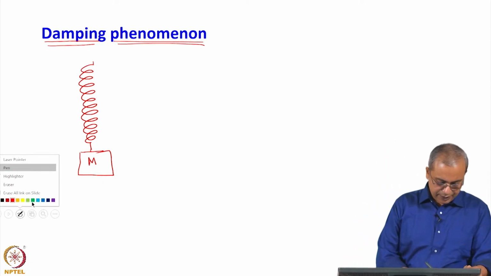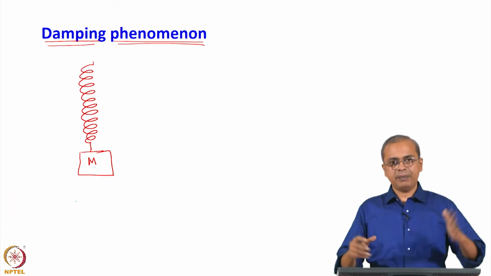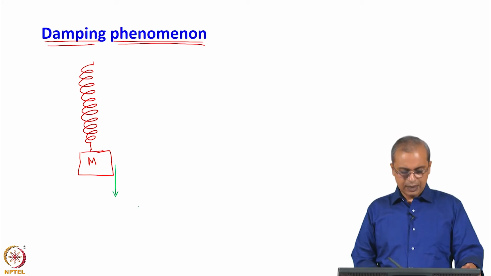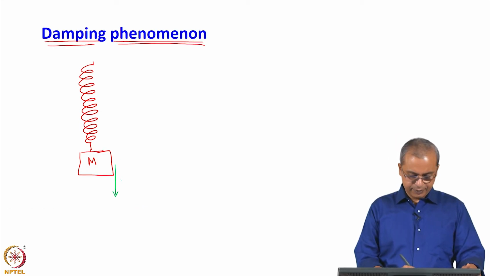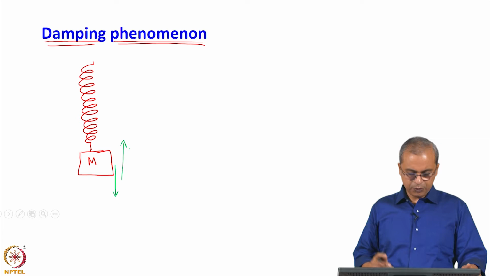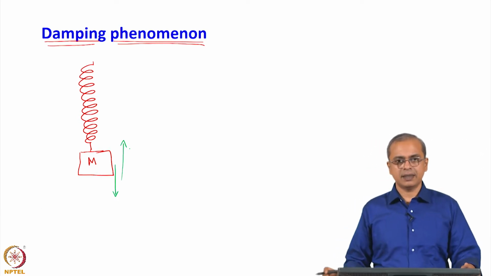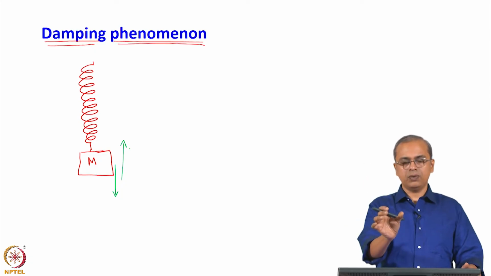We generate some vibrations in this. What is the vibration? We basically pull this down and release it, and it will go back. So once you pull the spring, it will have a spring constant, you pull it to some distance and then release it.